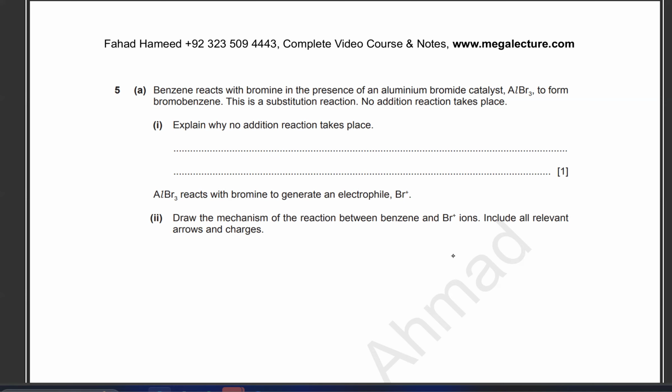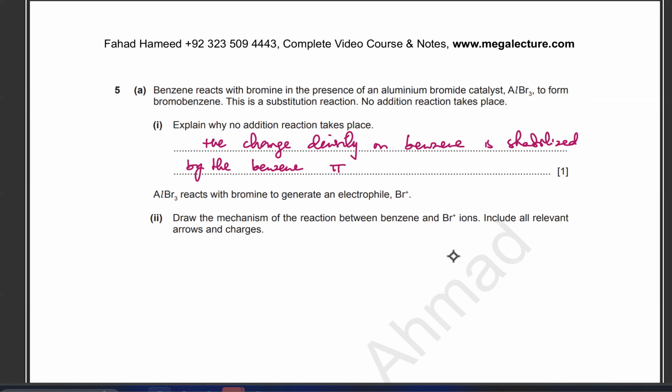So you're just going to write that the positive charge density on benzene is stabilized by the benzene pi electron cloud. Is that clear?